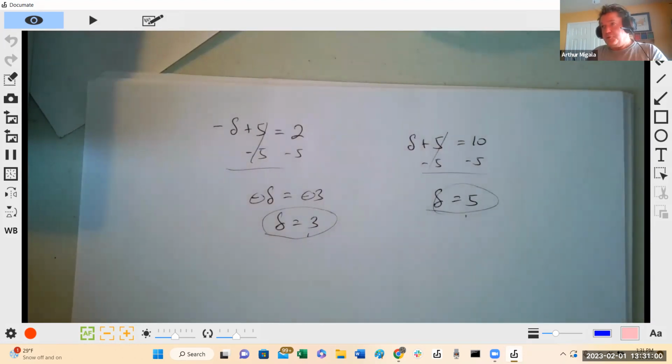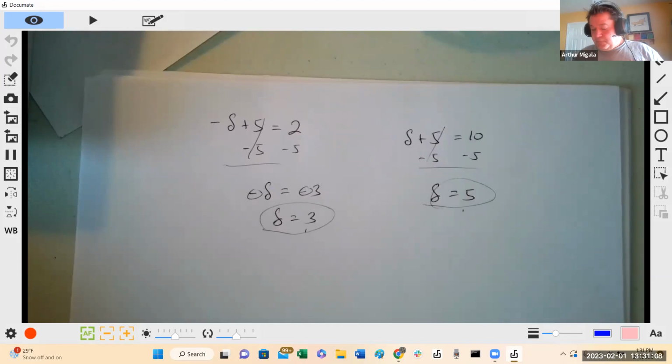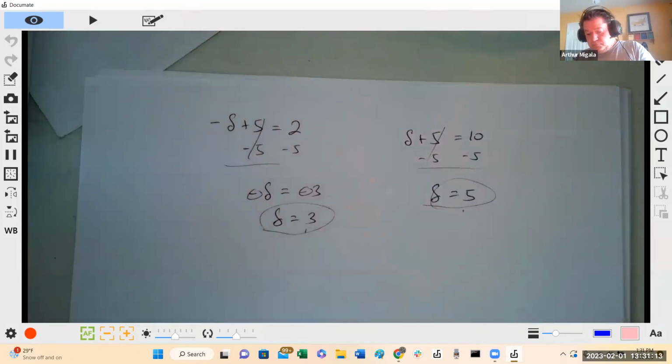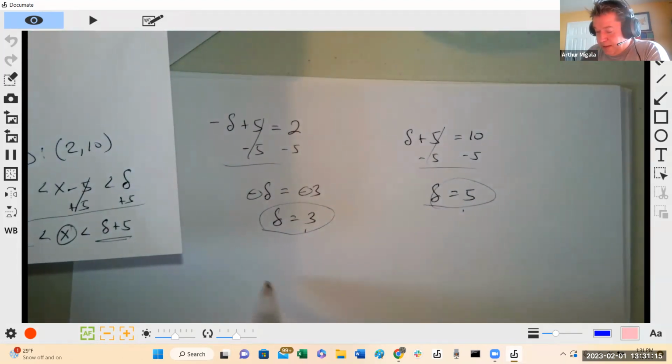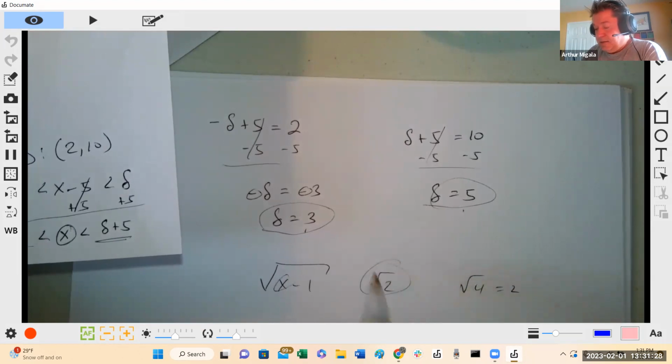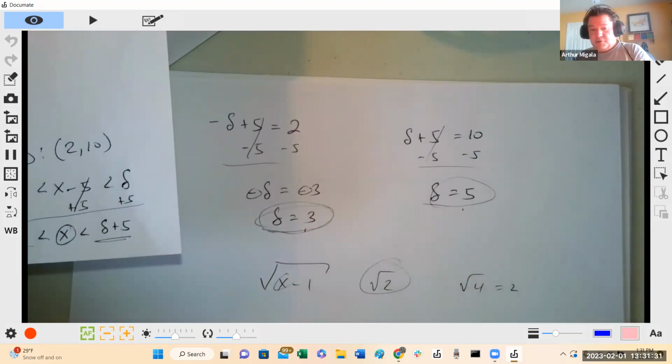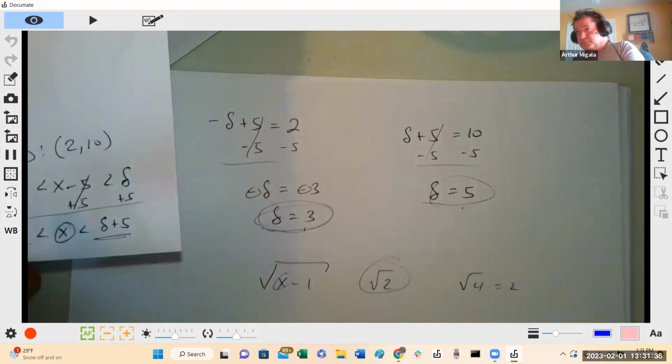So, which one's more viable? We want the smaller ones. Remember, we had x minus 1. So these are our values we're looking at. Delta equals 3 will give us a closer representation of what's going on.